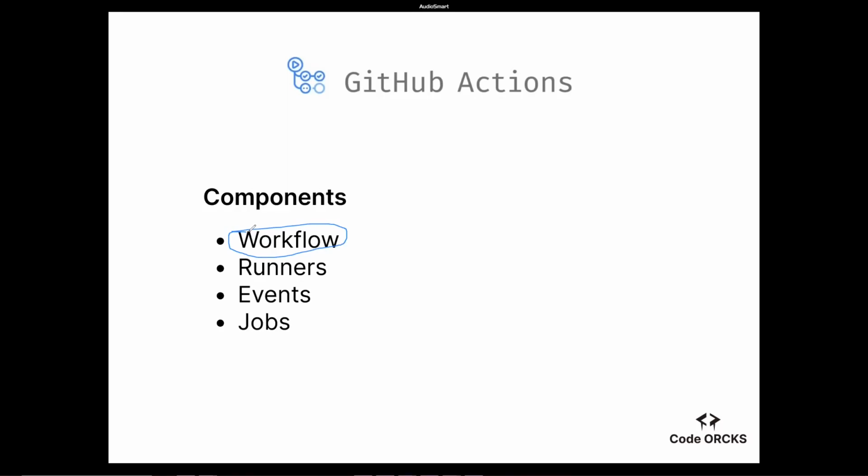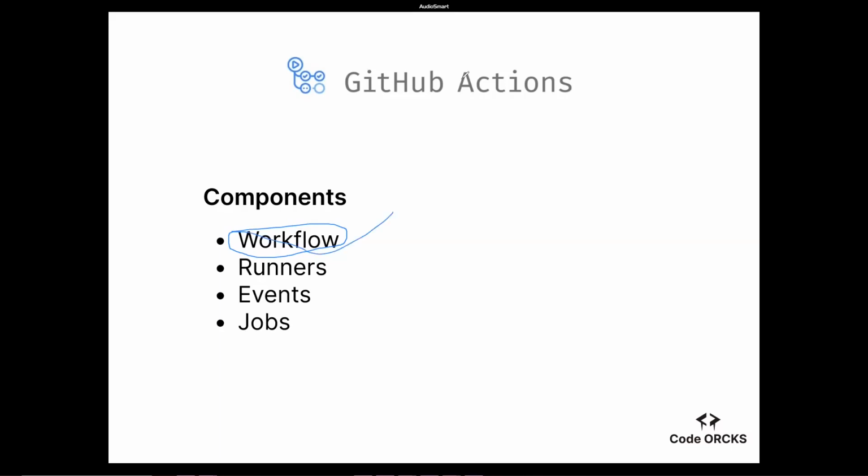The workflow contains all the specific commands or instructions that you want GitHub Actions to follow in order to help you deploy your pipeline. This is where we'll be working extensively in this course, because basically what we're learning in this course is how to instruct GitHub Actions to help you accomplish your goal in your development pipeline.